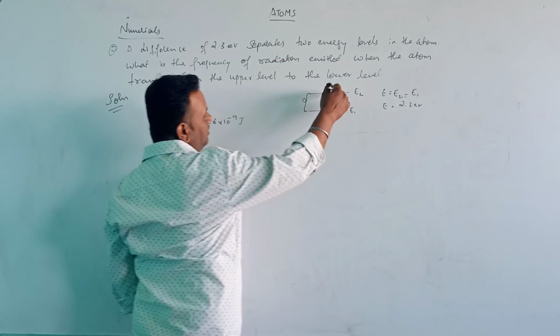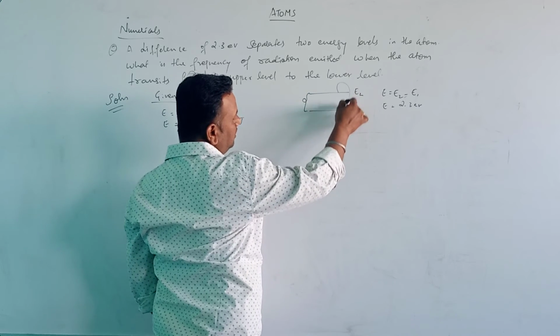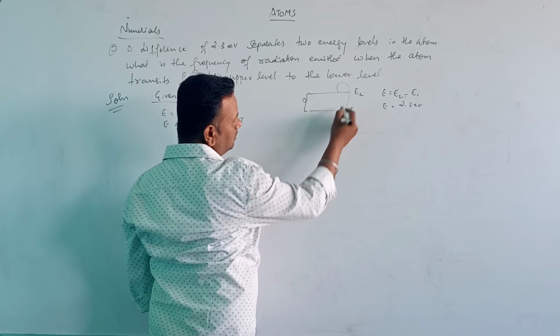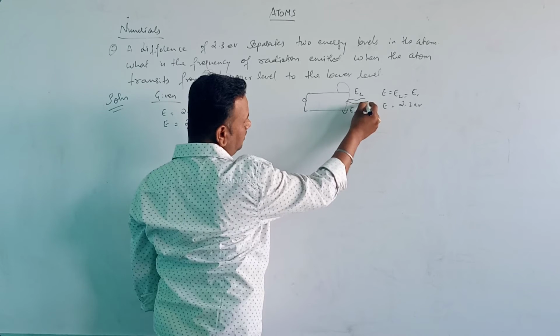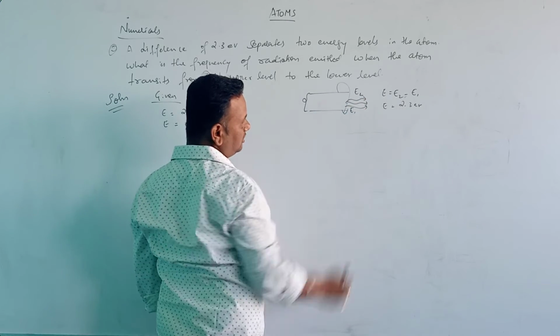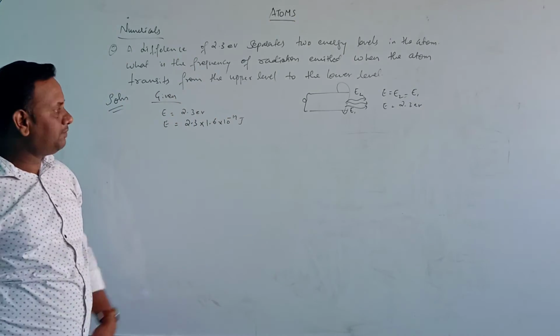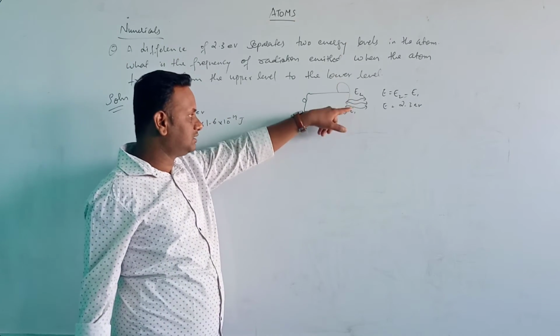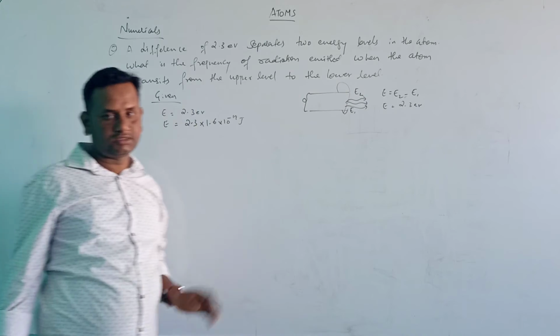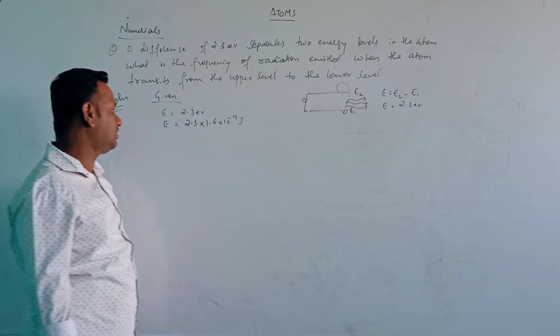When the atom transits from upper level to the lower level, during this the energy is going to be emitted in the form of radiation. So its frequency we have to calculate. यहाँ पे जो रेडिएशन एमिट हो रहा है ड्यूरिंग ट्रांजिशन, उस रेडिएशन की फ्रीक्वेंसी हमें फाइंड आउट करनी है.